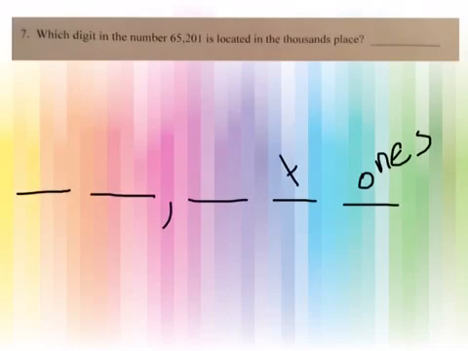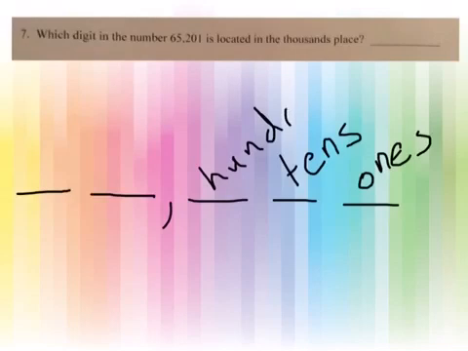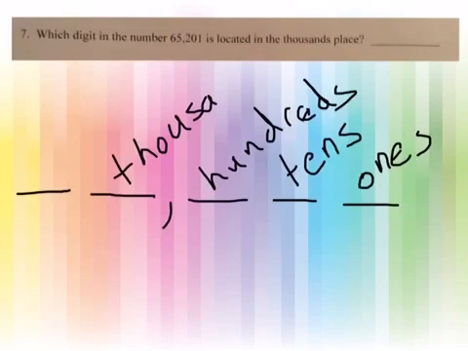Then my next place is the tens place. Then I have my hundreds place. And then over here, my next place is actually the thousands place, the first one right after the comma. And then I have my 10,000s place.